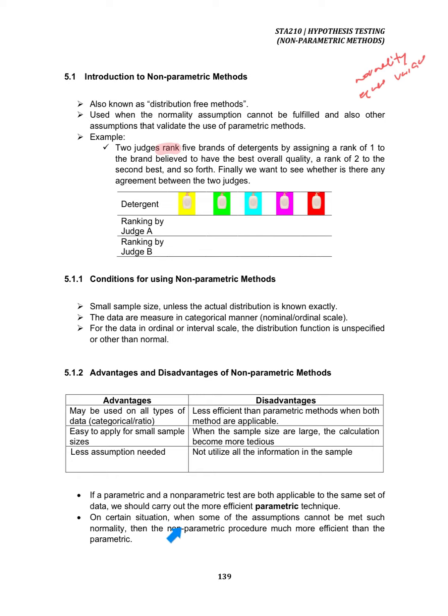In certain situations, when some of the assumptions cannot be met, such as normality, then the non-parametric procedure is much more efficient than the parametric method. But again, when the assumptions for conducting the parametric method cannot be fulfilled, then we have a second choice, which we call the non-parametric method.